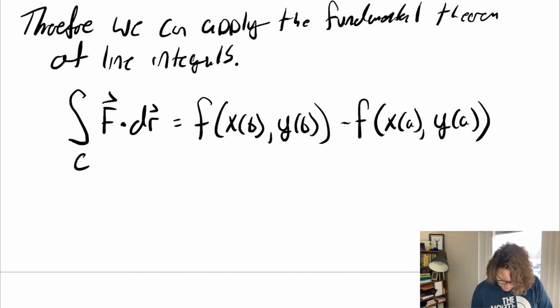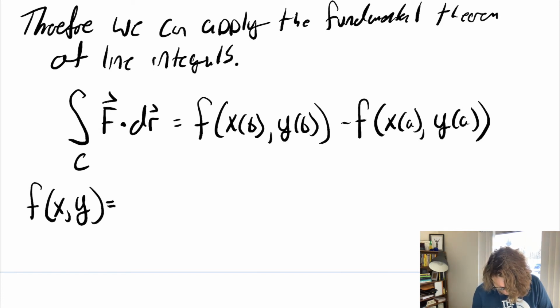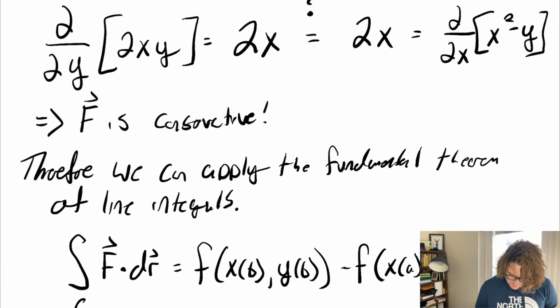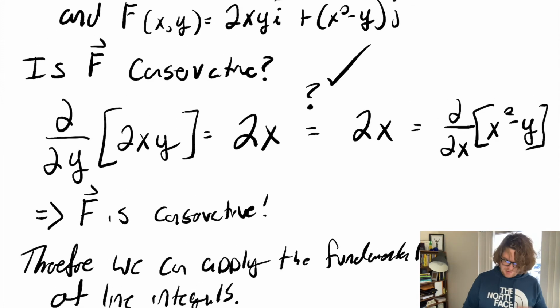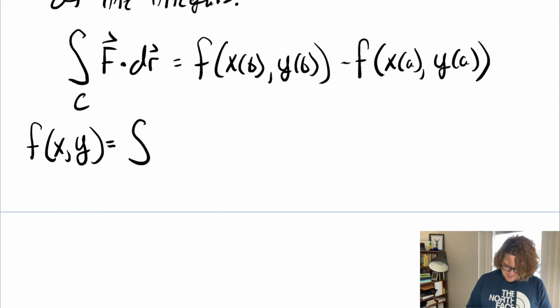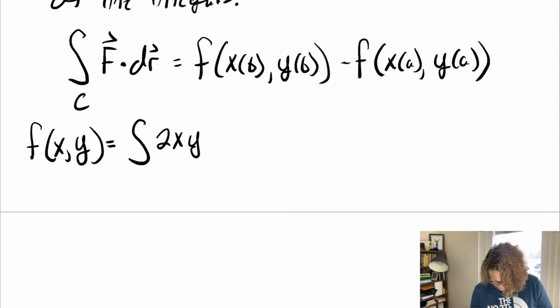So remember how we find our potential function. Our potential function f of x, y is going to be equal to the integral of the i component of our vector field with respect to x. So it's going to be the integral of 2xy with respect to x.